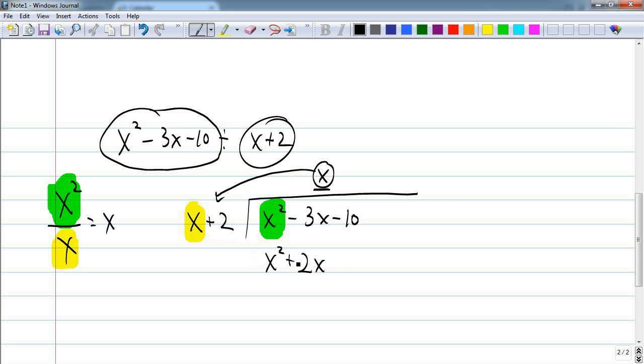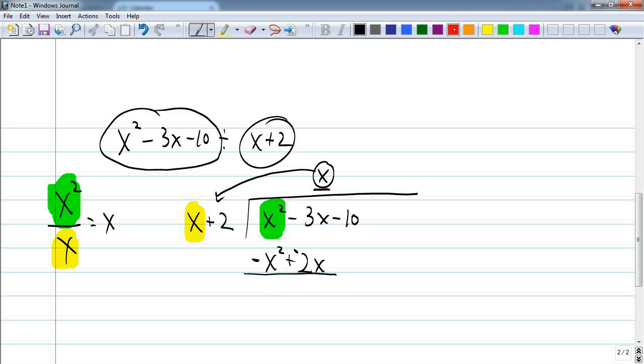Now from here I subtract. I prefer to change signs and add. So I change the signs of this new line and add it with the line above. x squared minus x squared is 0.